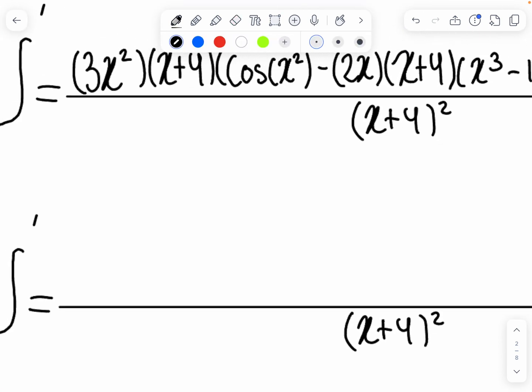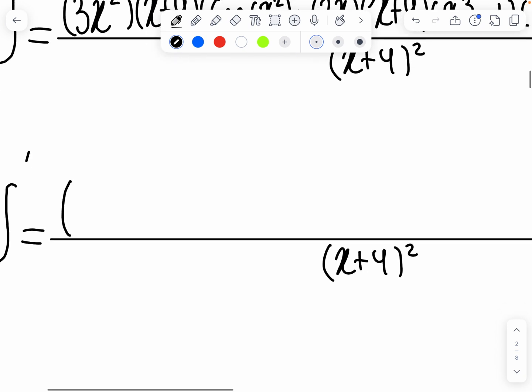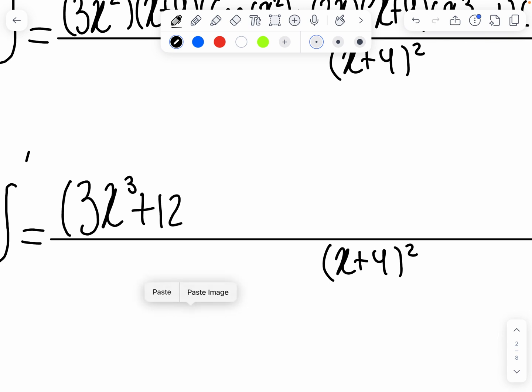So when we multiply, we get 3x cubed plus 12x squared times the cos of x squared.